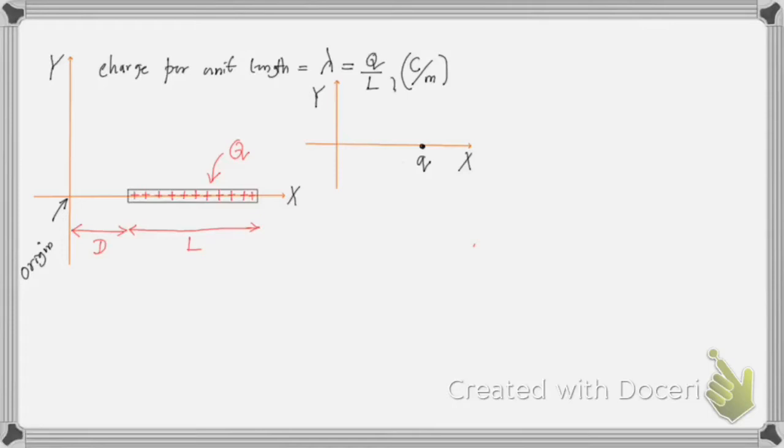Now, you know, for a positive charge, electric field is always directing away from the charge particle, radially outward. So the electric field due to this positive charge particle at origin should be in this direction.